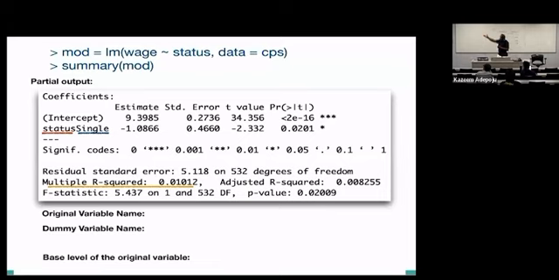We're not seeing status married, right? The one that you don't see, R has automatically coded that as 0. Please pay attention to that. Whenever you are looking at the effect of a categorical variable on a dependent variable, and you look at the R output, the R output is just going to report one level out of the 2 levels.